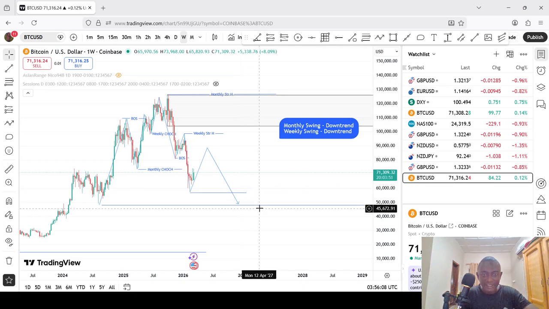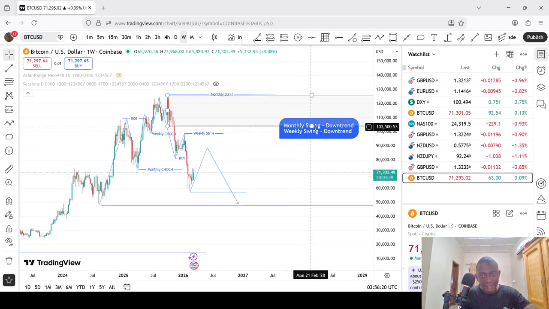As I said, we are expecting price to at least hit this point. You get it? From here to here. Now the weekly swing is downtrend and the monthly swing is what? Downtrend. We have two confirmations.